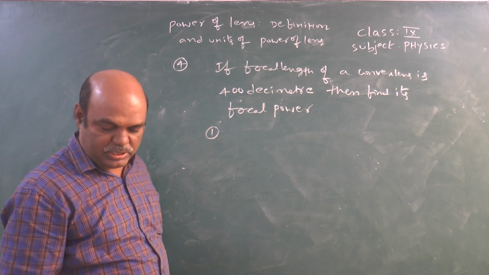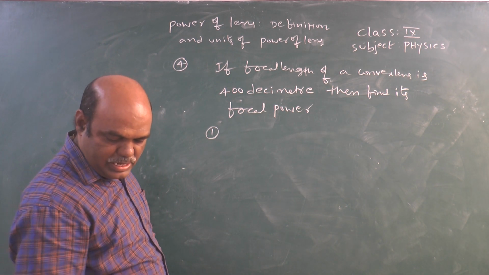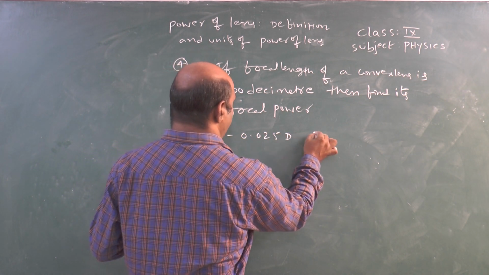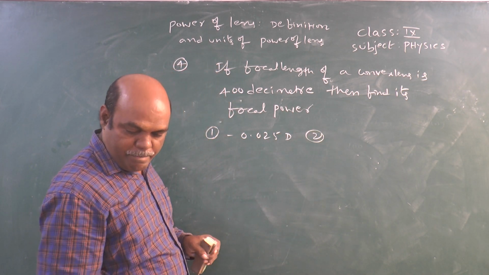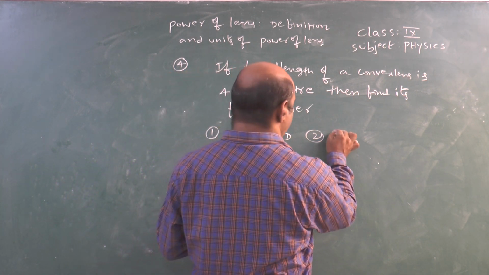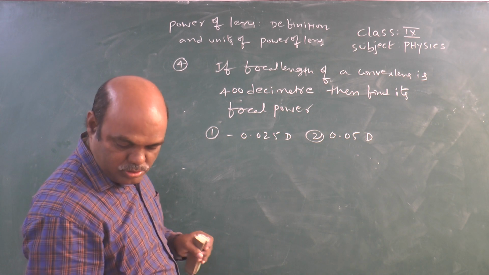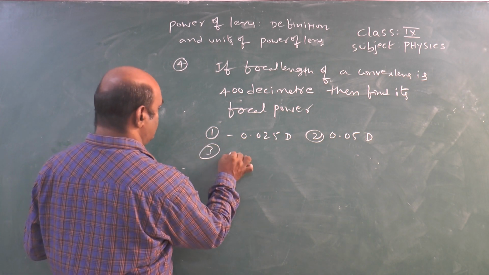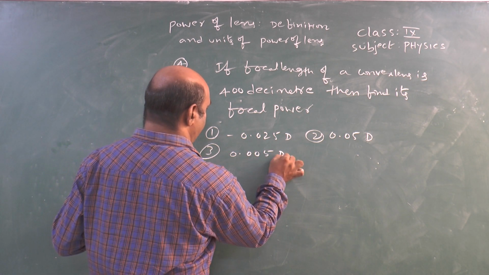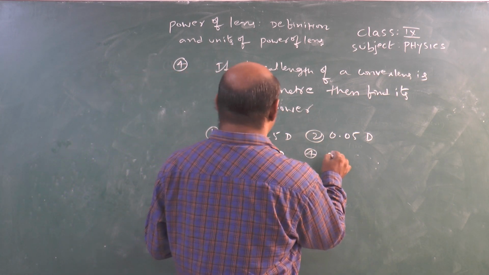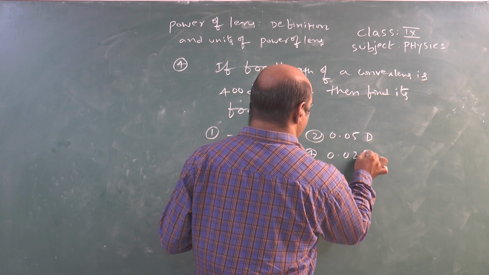First option: minus 0.025 diopter. Second option: 0.05 diopter. Third option: 0.005 diopter. Fourth option: 0.025 diopter.